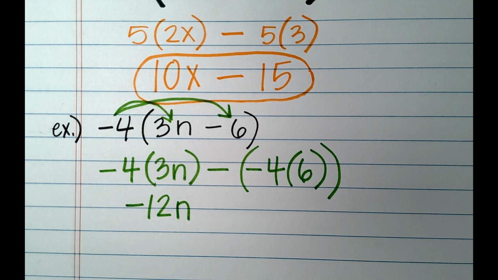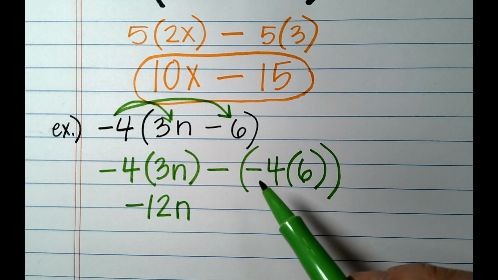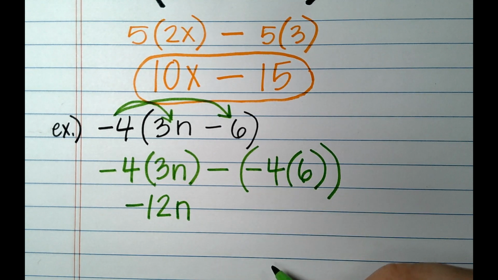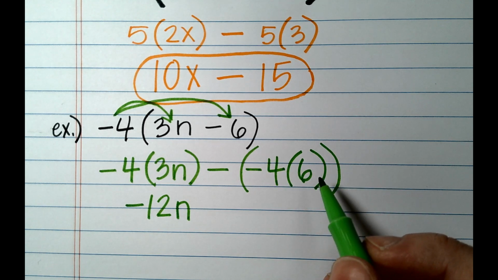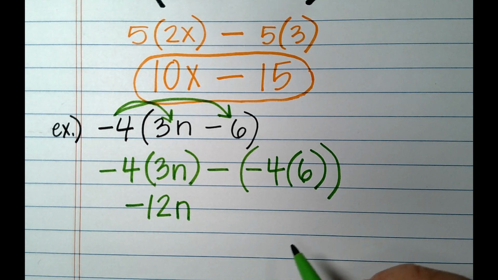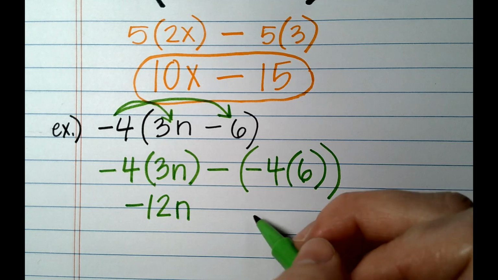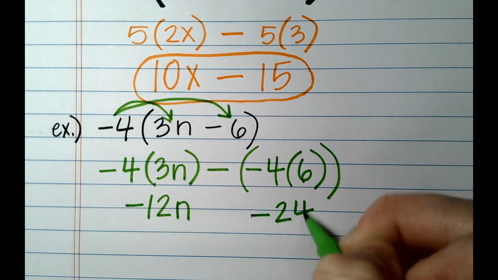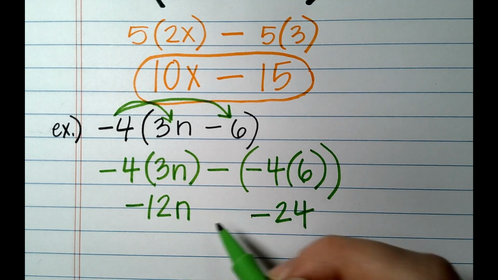What's next? -4 times 6. What's that? -24. Good. Now we've got to bring that negative down.